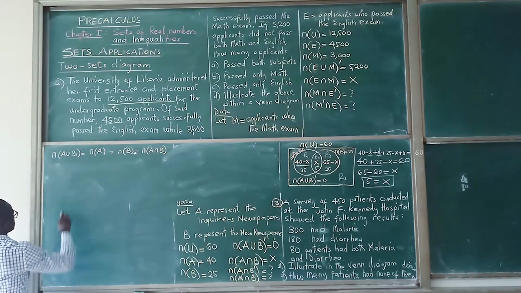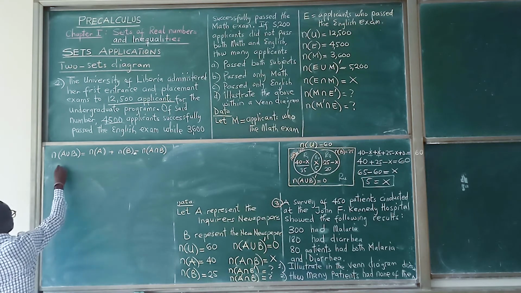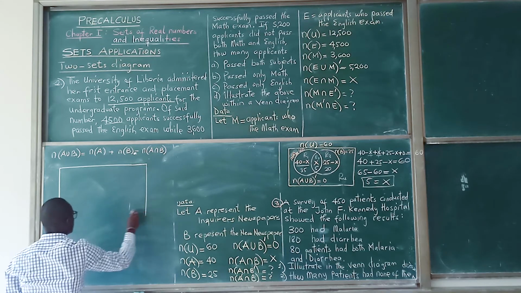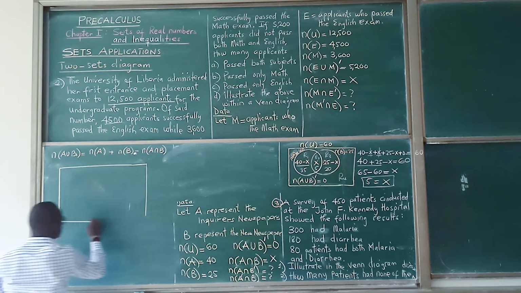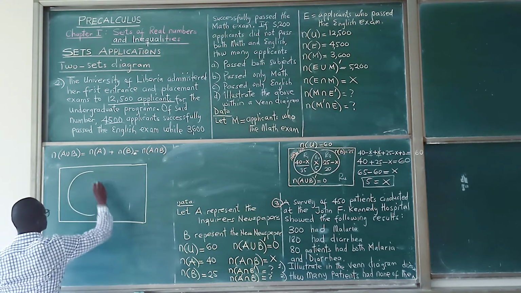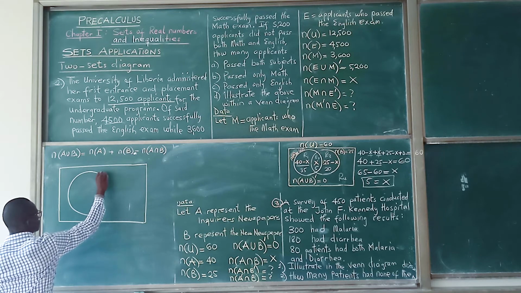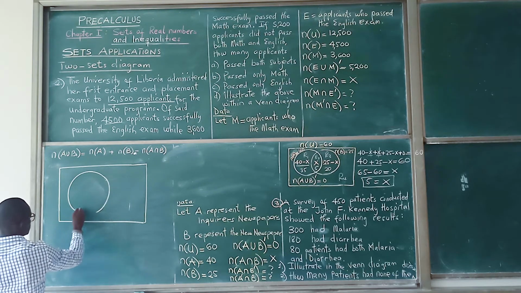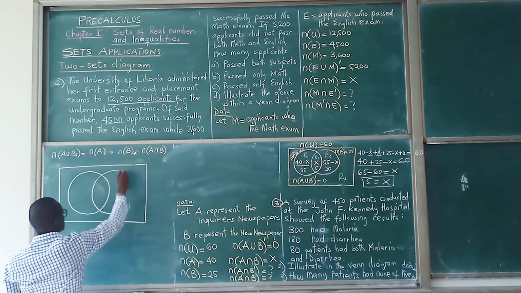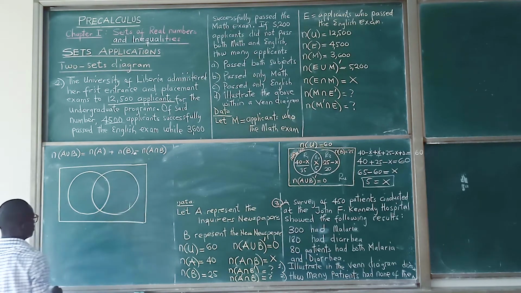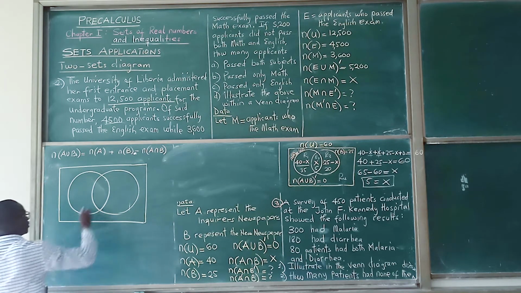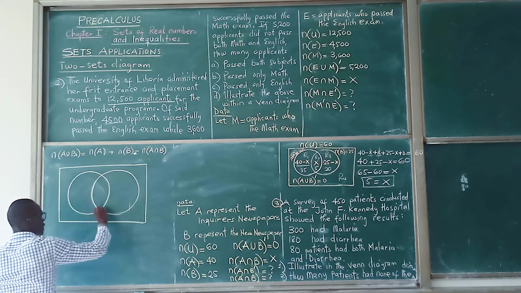Now to illustrate this in a Venn diagram, since we are dealing with two sets, we draw a diagram and insert two circles into it. Like we said, these circles could be rectangular or anything, not only circles. So we inserted two circles into it.